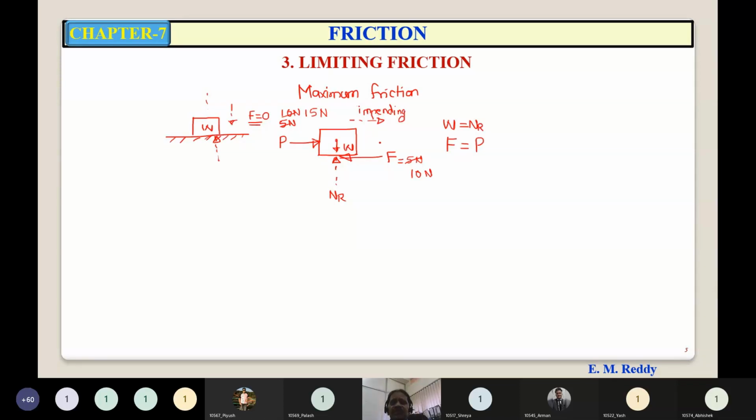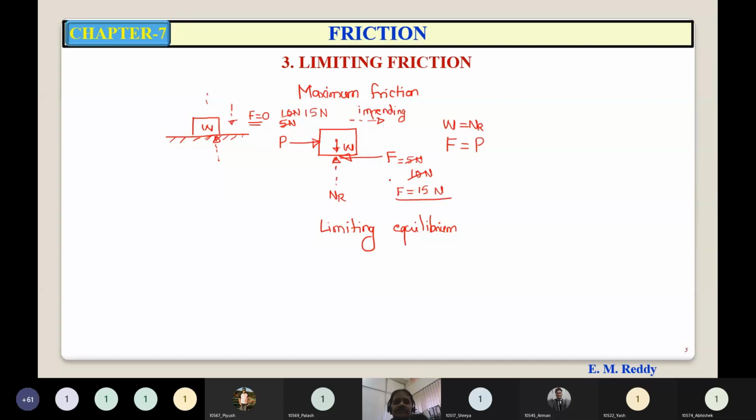At this instant of time, the magnitude of the friction force is also 15 Newton because it is in equilibrium. It is not moving, but about to move. But it is the condition of limiting equilibrium. So in this condition, the friction force is 15 Newton.